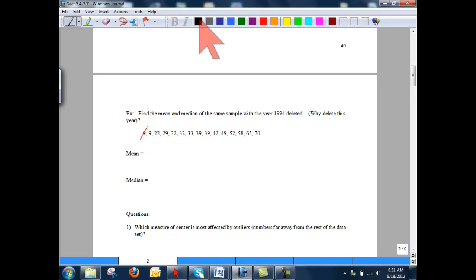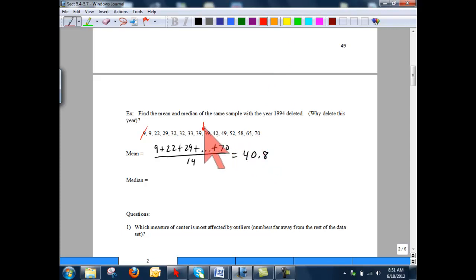Now let's recompute. And so for the mean, now 9 plus 22 plus 29 plus and so on up to 70, divided now by 14 items. This is 40.8. And for the median, here are the numbers. They've already been sorted. And there are an even number of numbers this time. There are 14 of them, so there's no middle number.